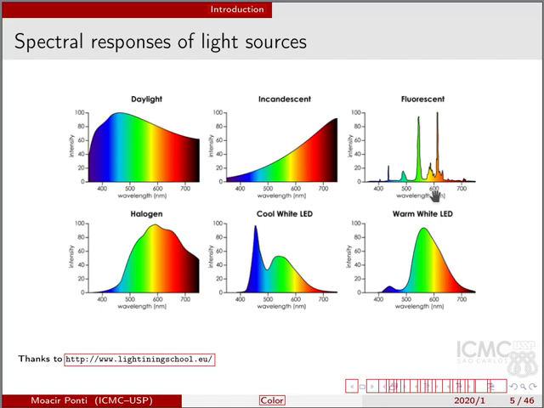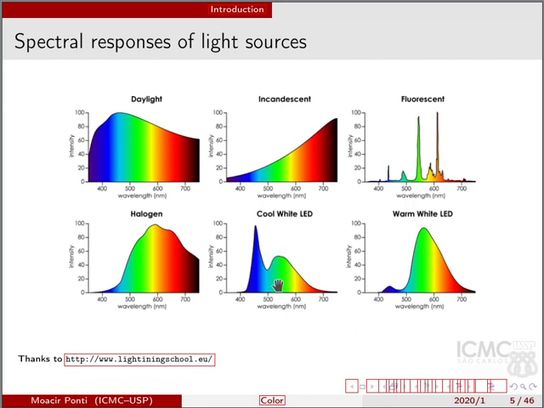That's why it feels kind of weird or different to us, very unnatural. The halogen light looks more like daylight, you can say, but it is also warm light. And then we can have LED bulbs or light sources that can, in some way, be designed to emit more light in a given wavelength.